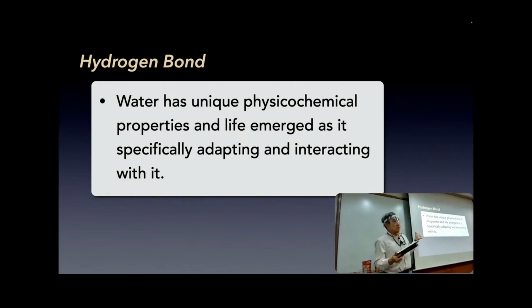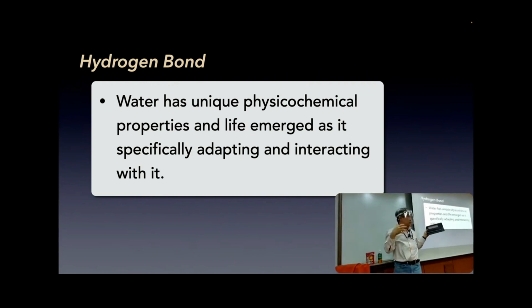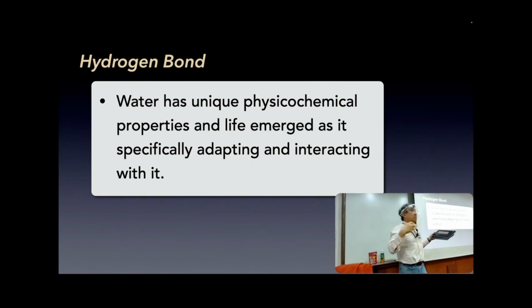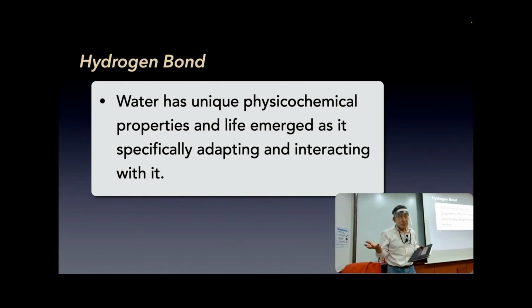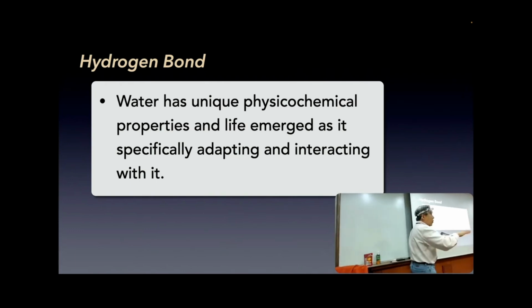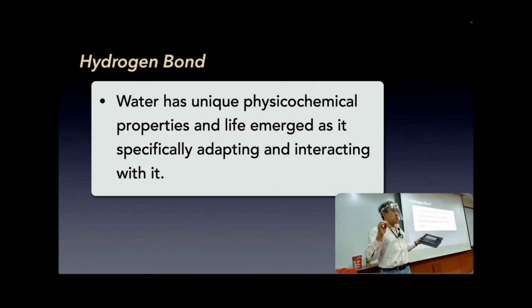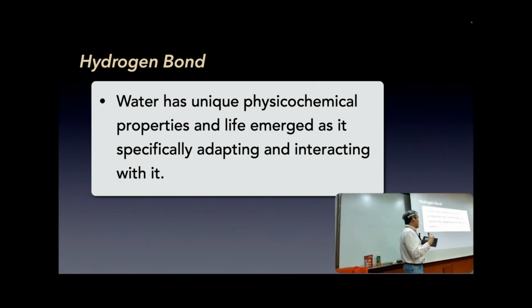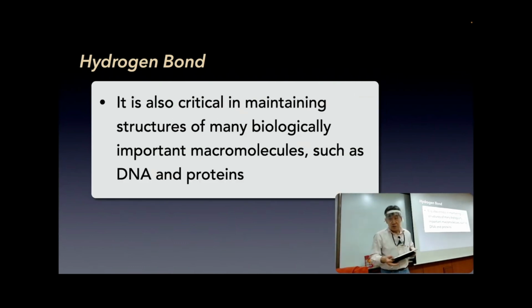This is something the textbook stated about the relationship between water and the life trying to adjust to its properties. So all the present-day life forms are the result of this specific adaptation to this watery environment.